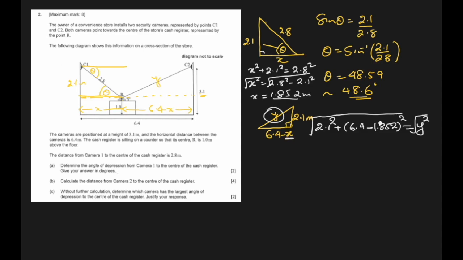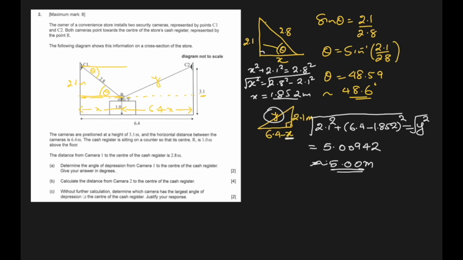It comes out to be 5.00942, which we can write as 5.00 meters. That's the distance y.